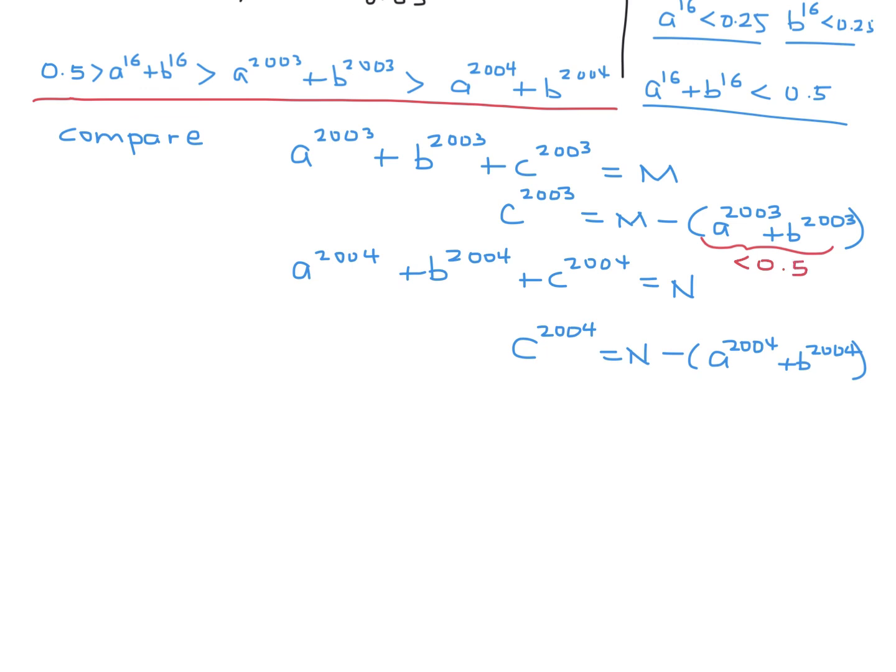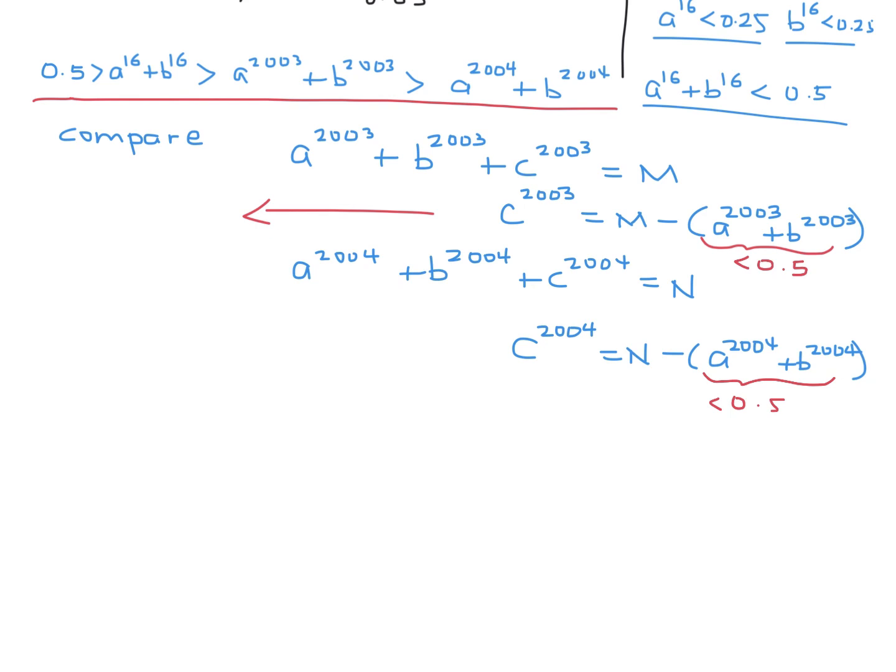And also, this is also less than 0.5 from the same inequality. So what does that do for us? It shows us that m and c to the power of 2003 are very close.